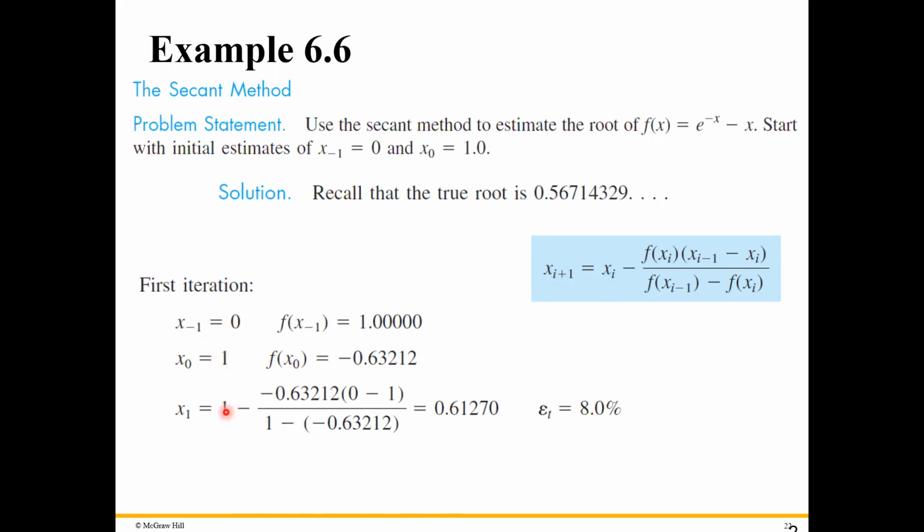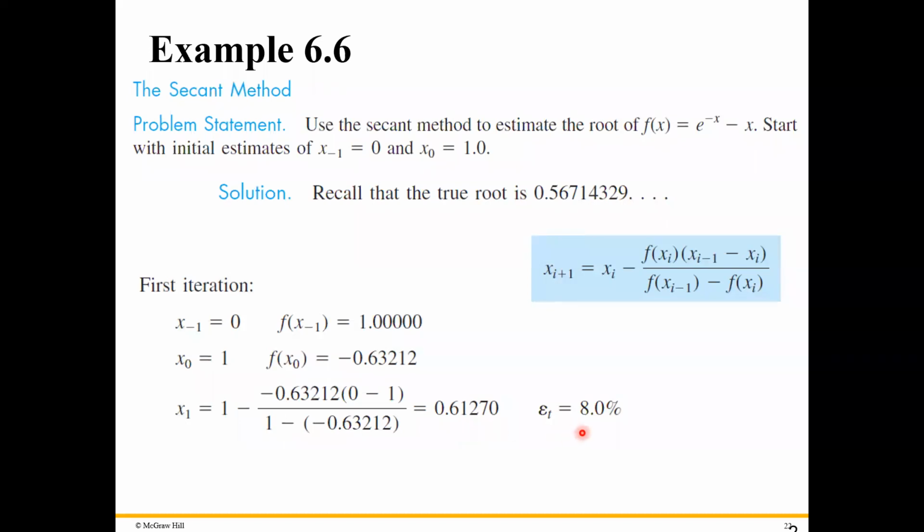So this value 1 will come over here, minus the value of the function at x_i, times x_{i-1} minus x_0, so it will be 0 minus 1, divided by f(x_{-1}), that is 1, minus f(x_0), which is minus 0.632. In this way, we get the first approximation equal to 0.6127.